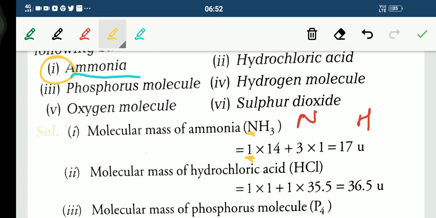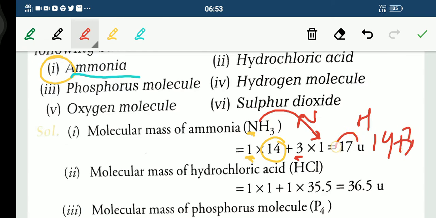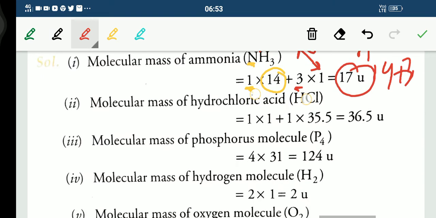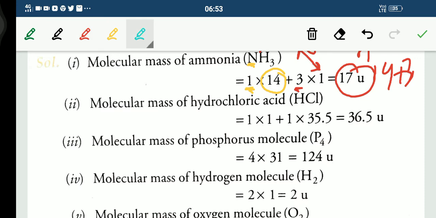Atomic number is 7, so its atomic mass is 14. Plus hydrogen, you can see 3 atoms are associated. Write down 3 multiplied by 1, as the atomic mass of hydrogen is 1. So 14 ones are 14 plus 3 ones are 3. The answer is 17U.